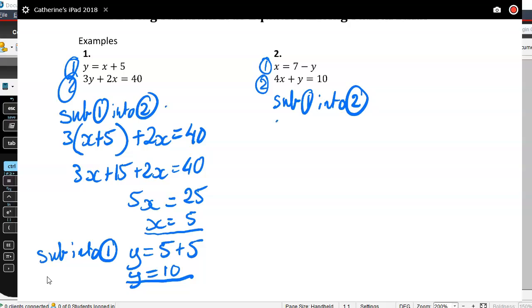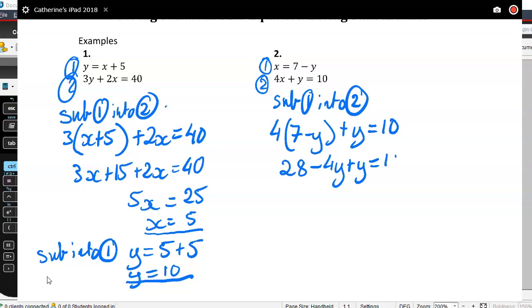Okay, so I've got 4 times 7 minus y plus y equals 10. So that's 28 minus 4y plus y equals 10. So that's negative 4y plus y is negative 3y. 10 minus 28 is negative 18.